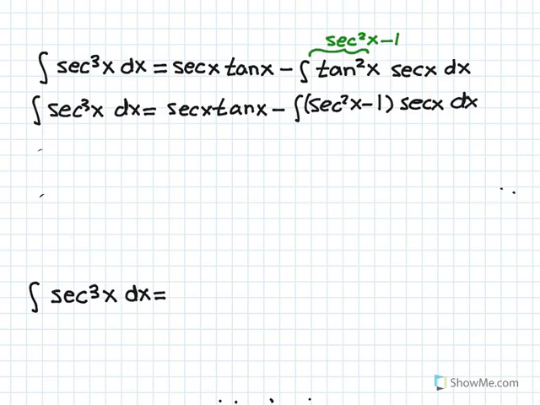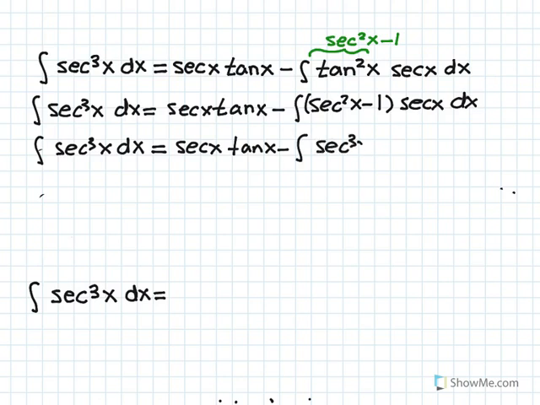So now let's simplify the integral a little bit. Let's multiply the secant x through, so we get secant cubed x minus secant x, all integrated with respect to x.